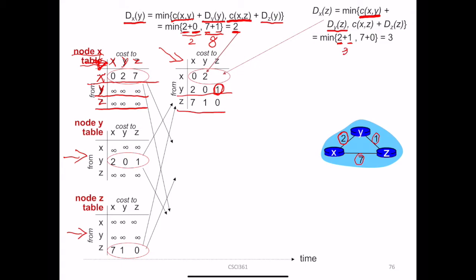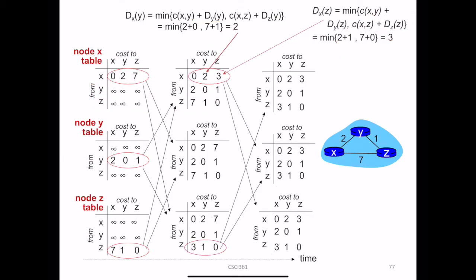And from X to Z, this one is equal to 7, and from Z to Z equal to 0. So the combination is 7. After we compare these two, we know 3 is smaller. Then we update the distance vector of X. We change the distance from X to Z to 3 instead of 7 here.